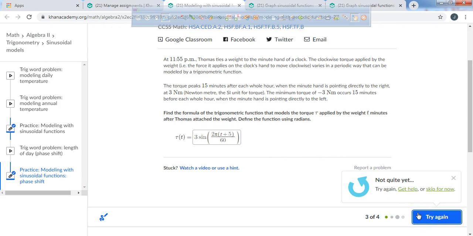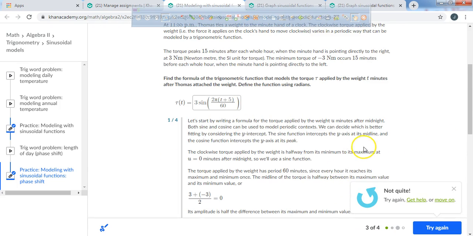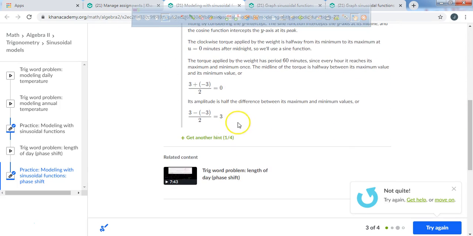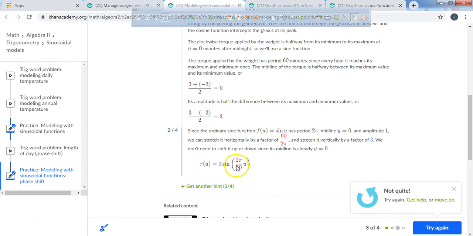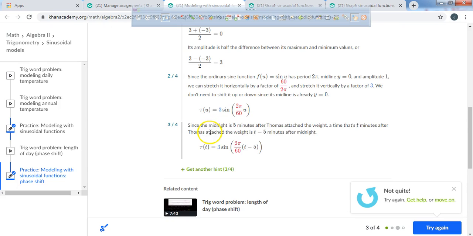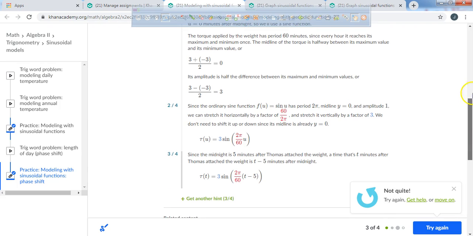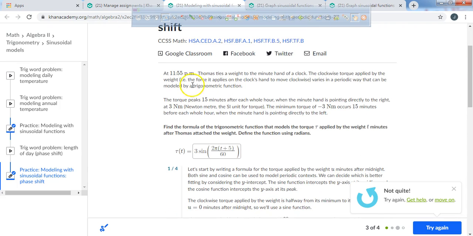All right, let's see what they wanted. Amplitude is 3, got that. Pi over 60, got that. This is 5 minutes after midnight. I said 11:55, that's 5 minutes before midnight. Why would they put t minus 5 instead of t plus 5?